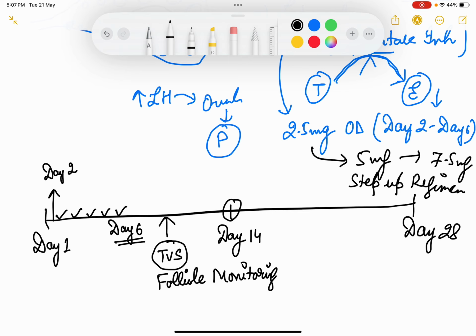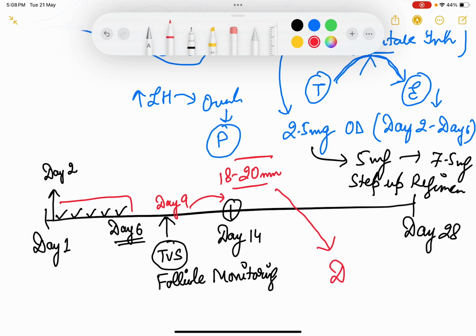So for the first 5 days, we will give the ovulation induction agents. Then we will call the patient from day 9 onwards every alternate day until the follicle size increases to 18 to 20 millimeter. An 18 to 20 millimeter size of the follicle is called a dominant follicle, okay.